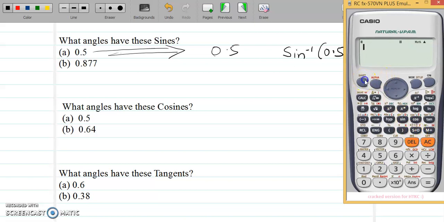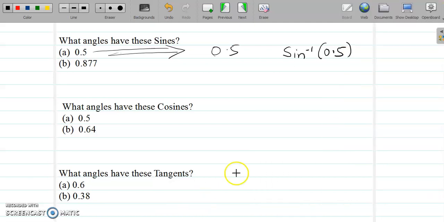I'll click shift, sine to bring me the sine inverse, 0.5, close bracket. We have 30. You see that? So 30 degrees is the angle that has this sine. So if you look for sine 30 it will give us 0.5.